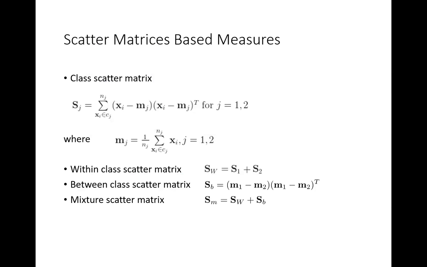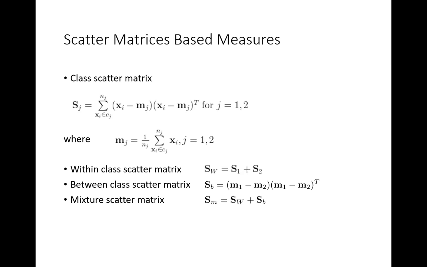Another measure to check how good a particular subset of features is, is what we call a scatter-matrices-based measure. There is a concept of class scatter matrix, which is pretty similar to a covariance matrix, except that in the covariance matrix you have a division by n minus 1, which is not here.